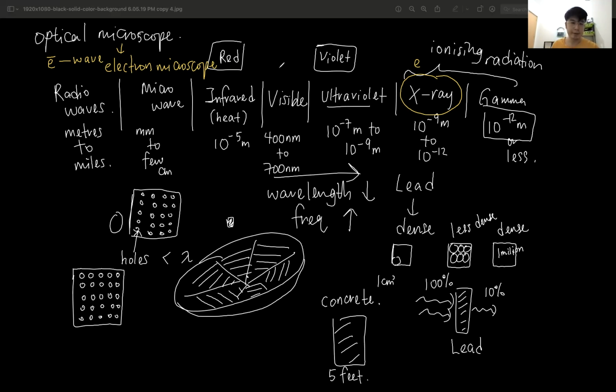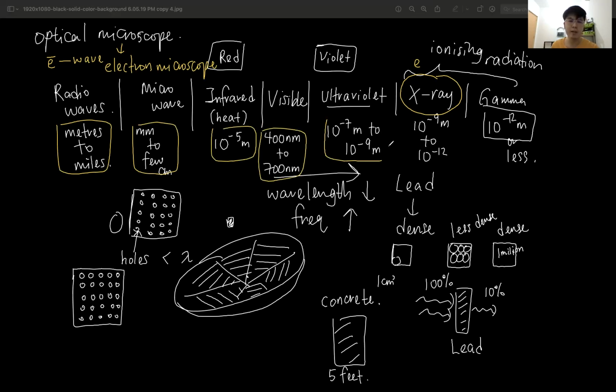Now, what you need to know in this part is the wavelength, of course, you need to remember the wavelength, and what else? The function of each wave.